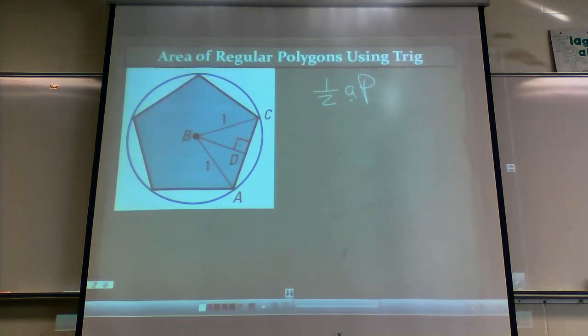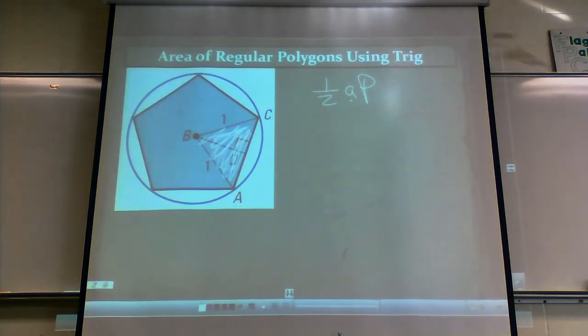And the whole idea behind this is I'm going to find the area of this triangle, essentially. Because I said yesterday that the 1/2 AP is essentially 1/2 base times height. The height's the apothem, and the perimeter is the base of all of them together. But what you're doing is finding the area of that triangle and just multiplying it by 5.